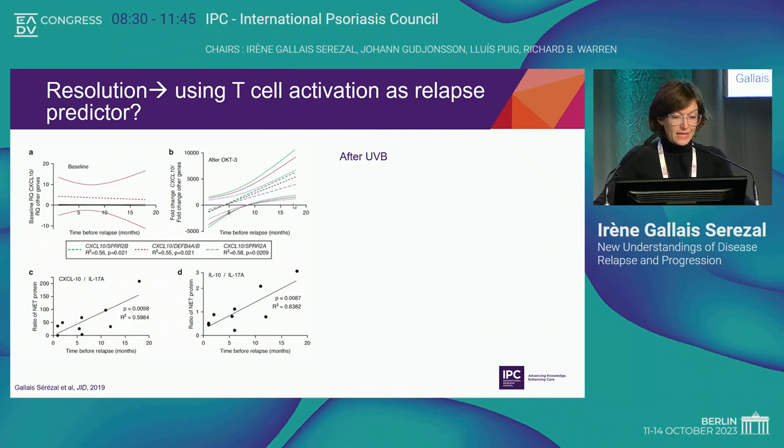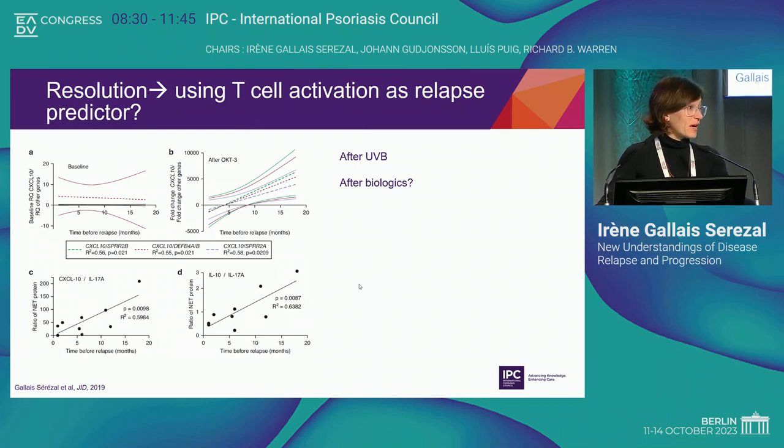And we had a nice correlation with the time before relapse, because we know that after UVB treatment, they do relapse. And that was also the case at the protein level. And interestingly, IL-10 behaves like CXCL10, so that the more IL-10 was released around the biopsy when we activated T cells, the longer time it was before the relapse.